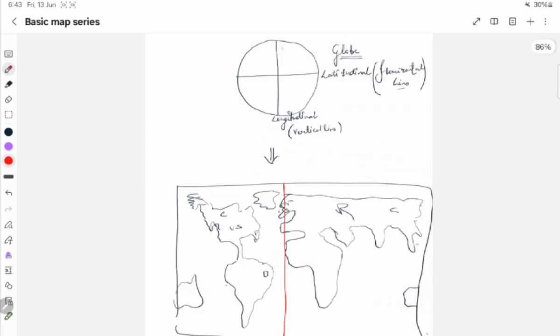So if suppose this is a globe, this is a ball shape, a spherical shape, right? So from here, if you start, you are going in a circle, and you cover it like this, right? So this is 360 degree. A circle is 360 degree, right?